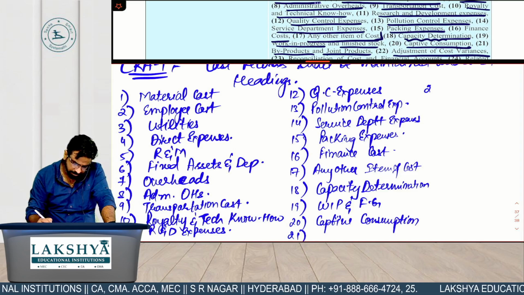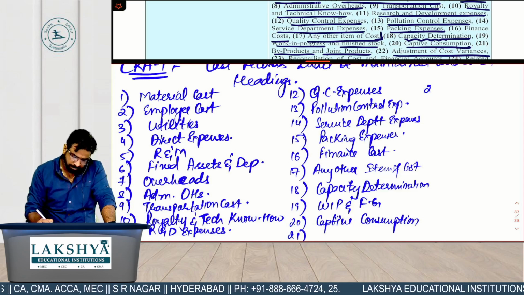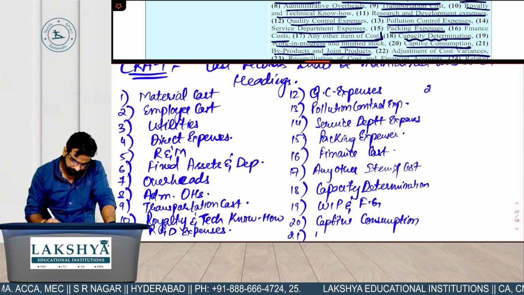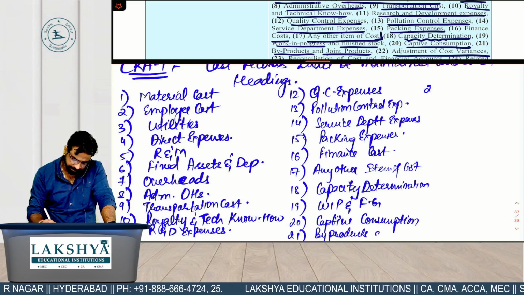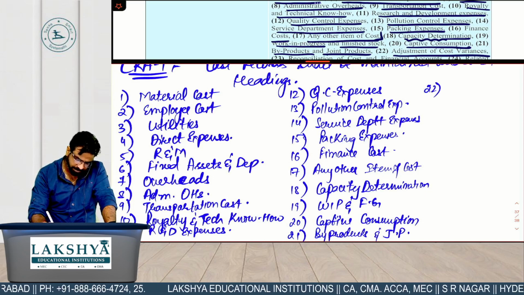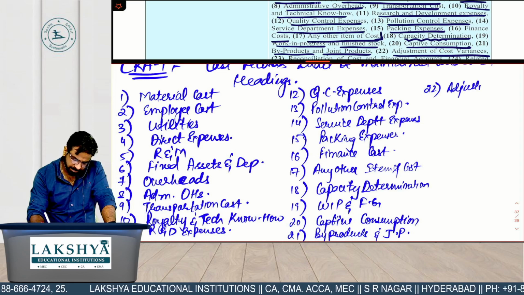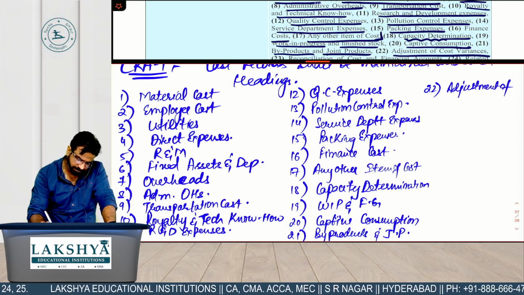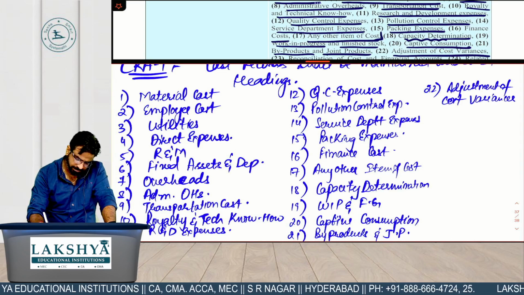21. Byproducts and joint products. 22. Adjustment of cost variances.